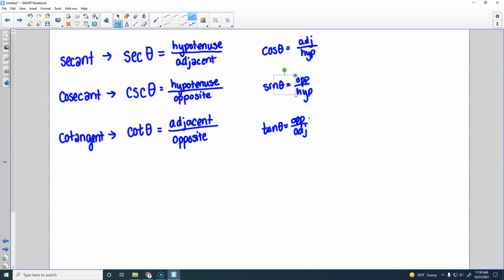Honestly, sine, cosine, and tangent are the ones that are useful. There's got to be a reason secant, cosecant, and cotangent exist and are taught, but they're much less useful. But they still ask about them sometimes.